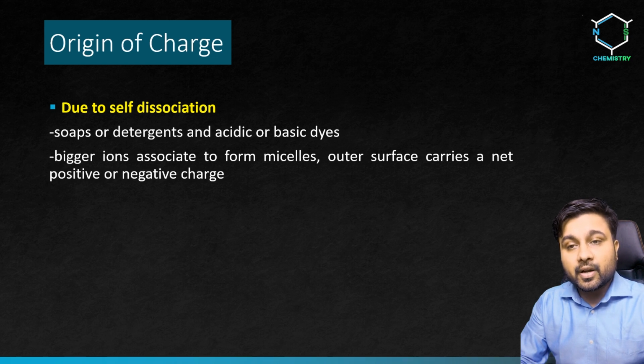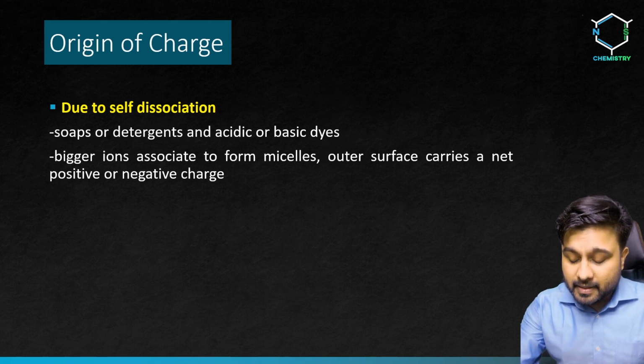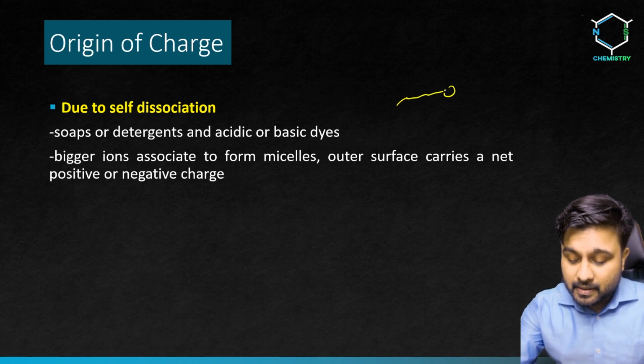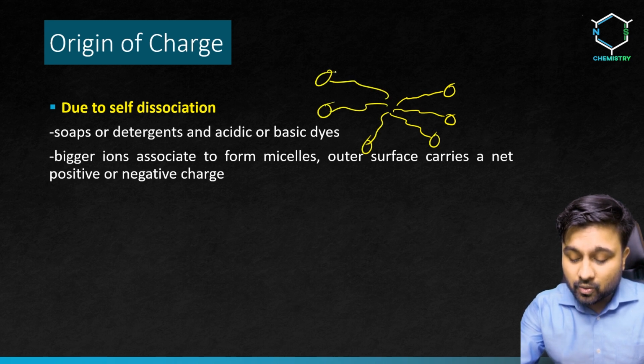They may dissociate into ions, and as the concentration increases they may associate to form micelles. Now when a micelle is formed, in general the tail was inward and the head was outward.